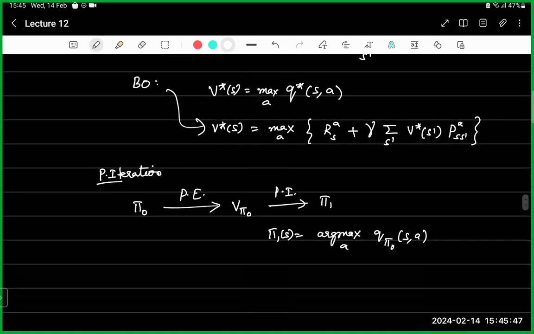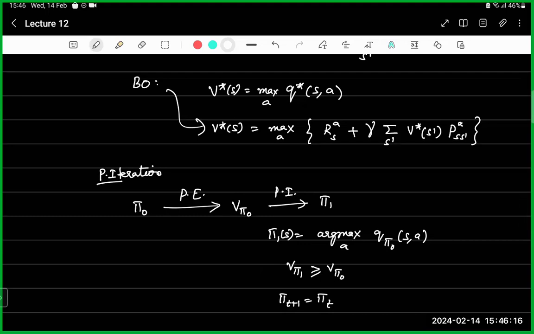So what did we show in yesterday's class about pi 1? If you take pi 1 like this, what did we show? Yeah, v pi 1 is greater than or equal to v pi naught. And we also understood that if pi t plus 1 equals pi t, then it implies that pi t is an optimal policy, right?